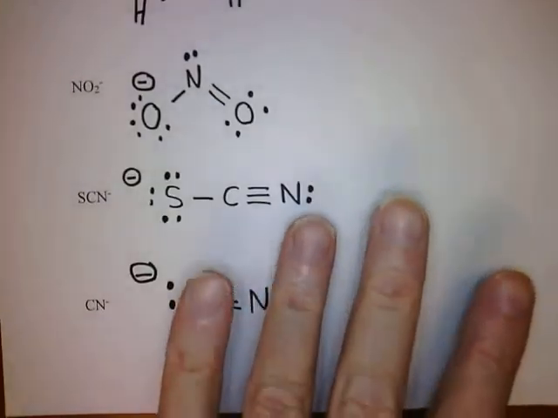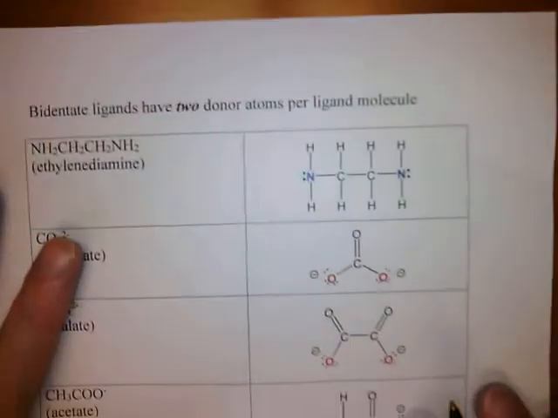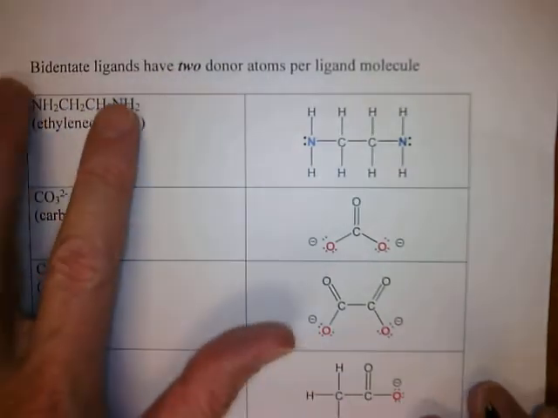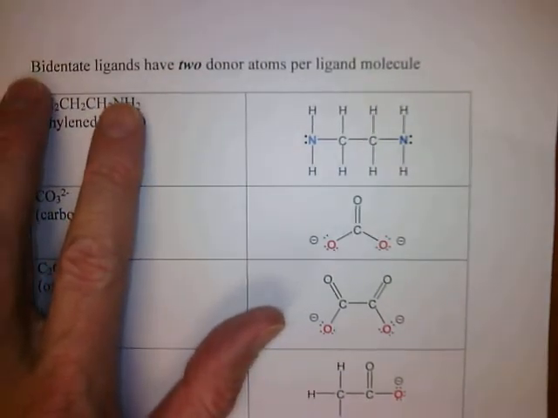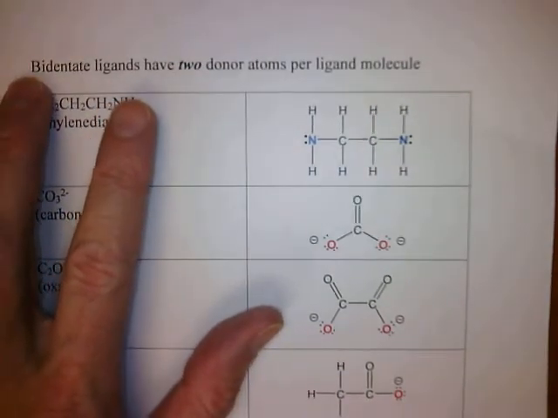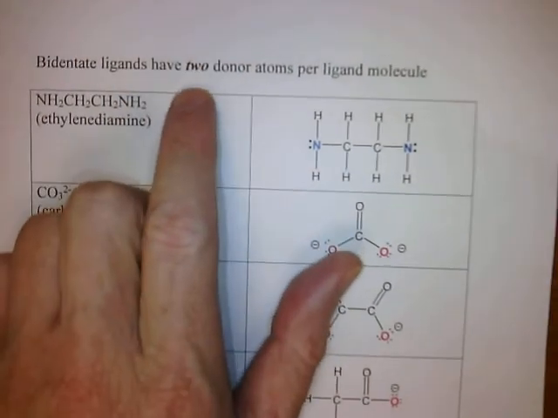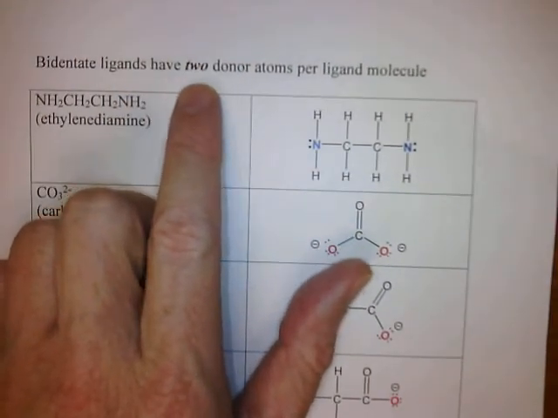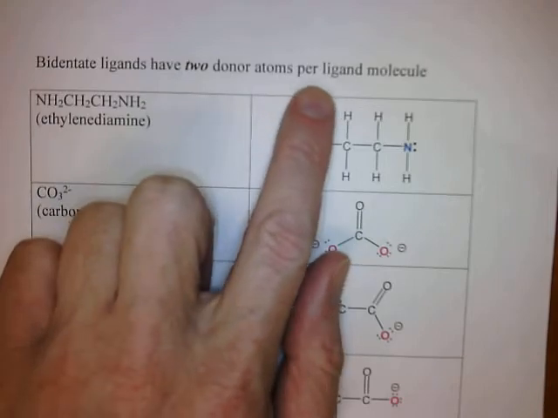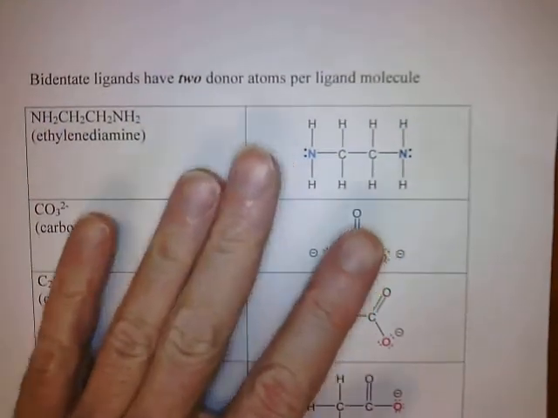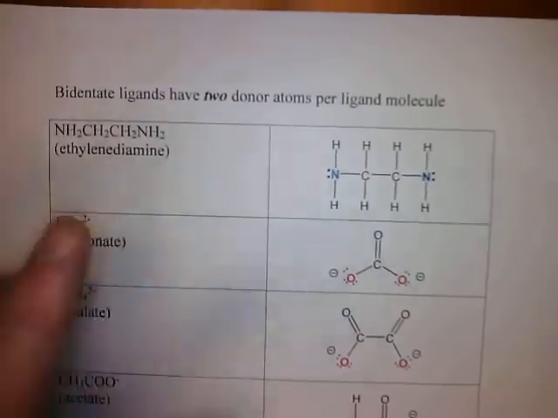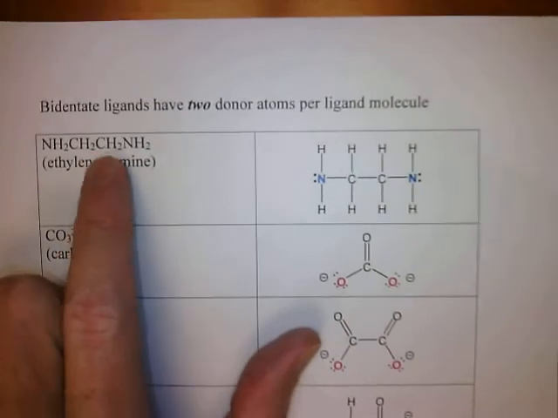Cyanide, that's a -1. Okay, bidentate, bi means two, correct? Big surprise. So, bidentate ligands have 2 donor atoms per ligand molecule. For example, the first example, ethylenediamine.